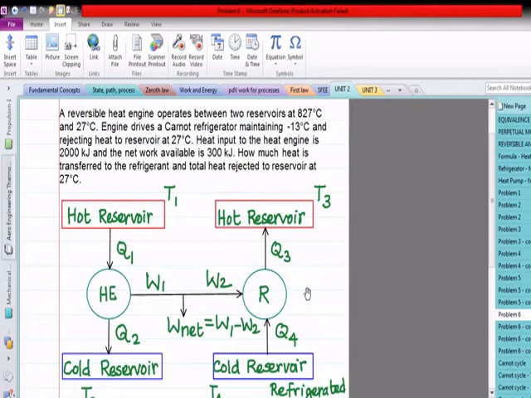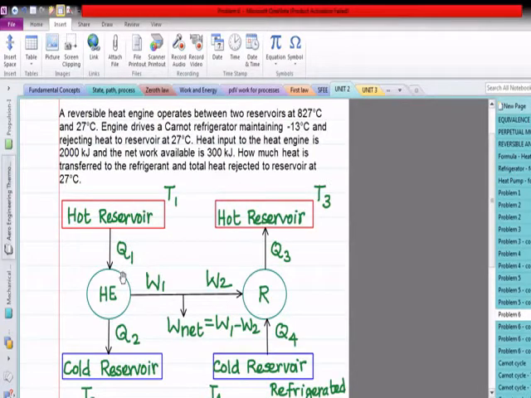Similar to a heat engine, a refrigerator is also a cyclic device which operates between two reservoirs. Usually we call the reservoirs the low temperature body and high temperature body. But in this problem, I have named them cold reservoir and hot reservoir.